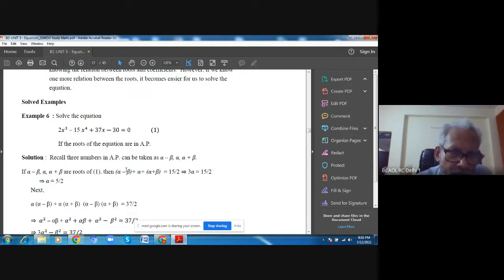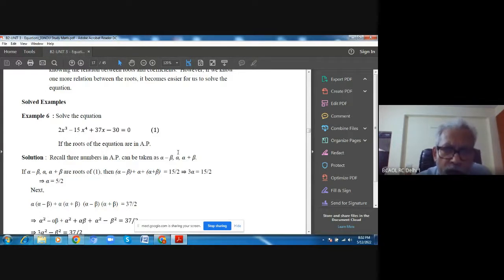Then we can say the sum of these roots, suppose in AP 1 plus 4 plus 7. So in this case alpha minus beta plus alpha plus beta. We get 15 by 2, meaning minus b by a.